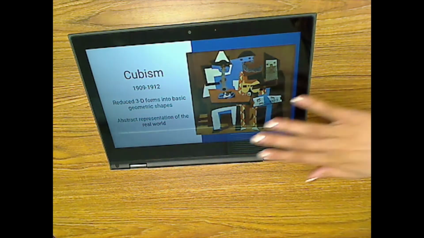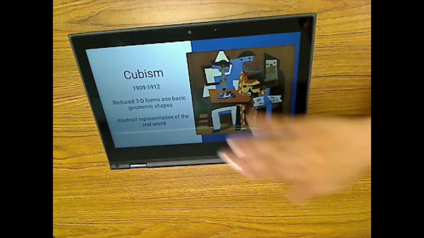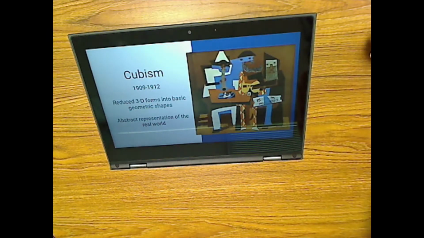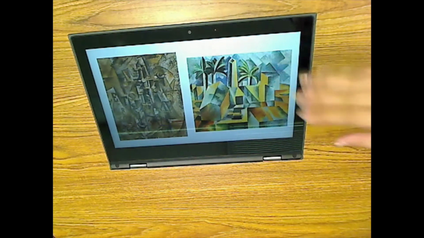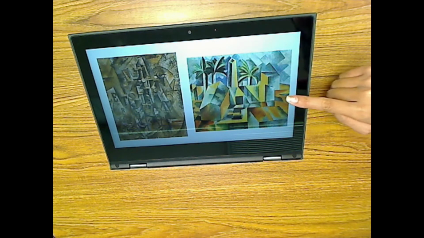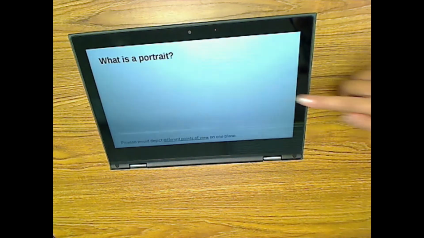So you can see everything looks very, very flat. Everything is made up of shapes. Nothing looks very realistic. Here are some more examples of cubism that we looked at. Again, lots of shapes, very flat. Does not look like the real world at all.